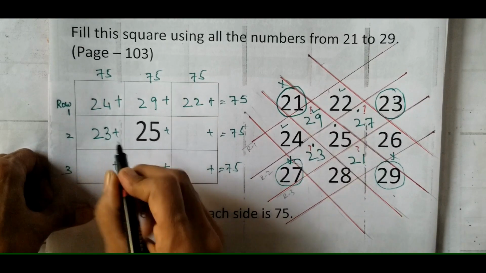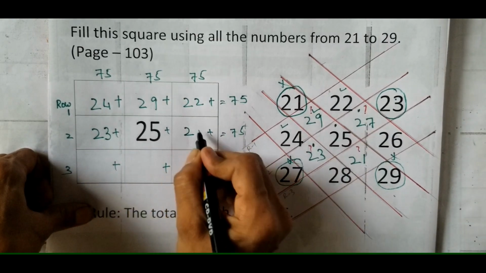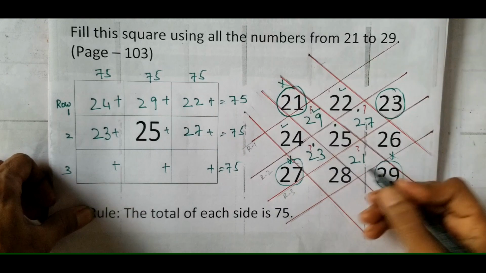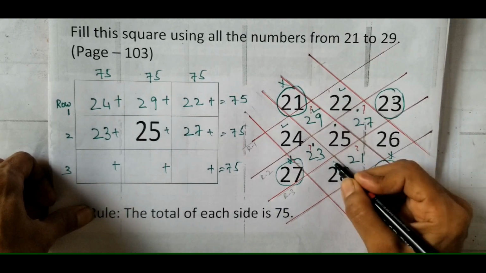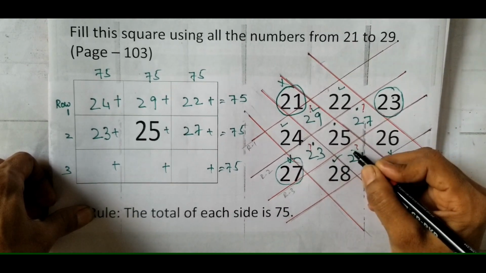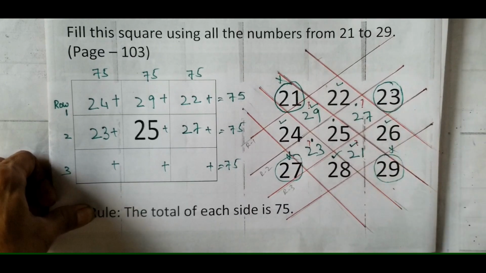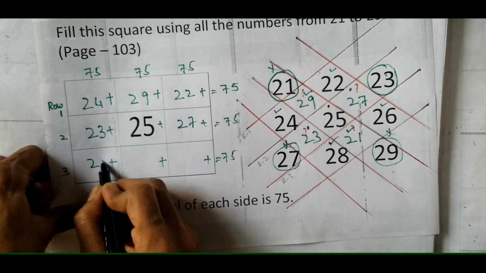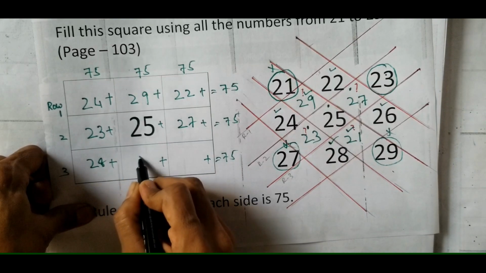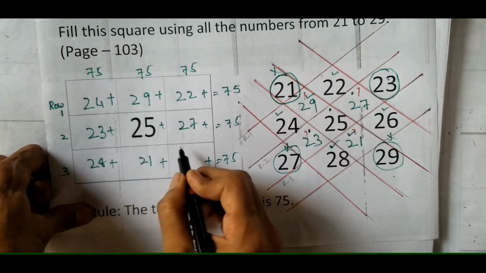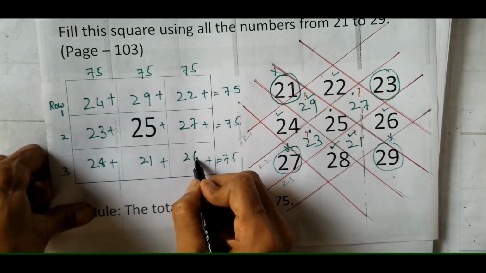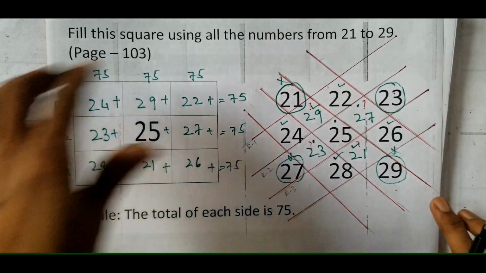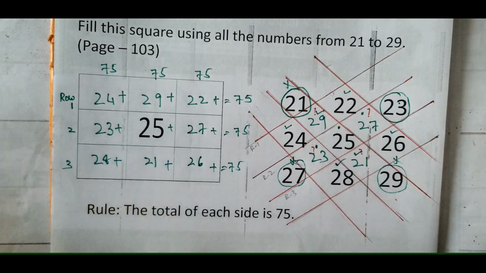The third row will have 28, 21 and 26. Now if you see, we have filled in all the numbers.